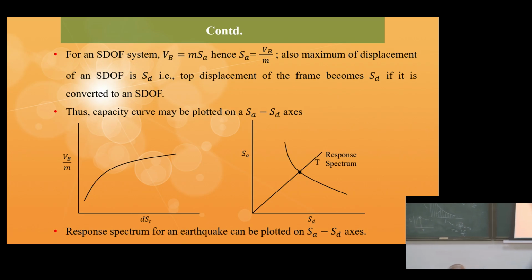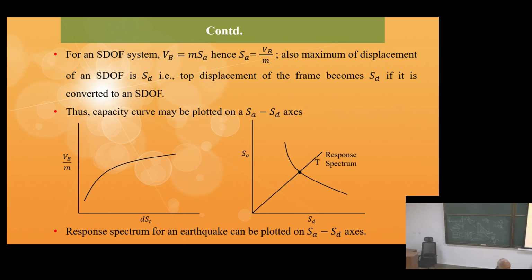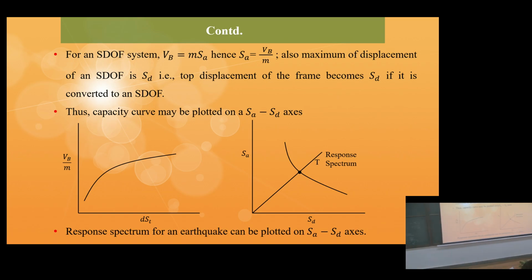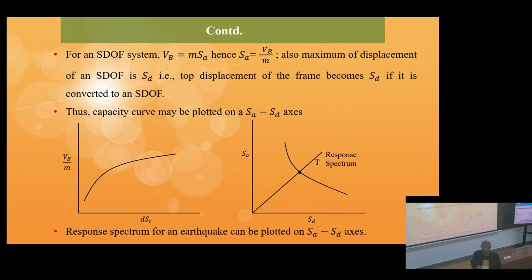So I have a capacity curve plotted on SA-SD, and the response spectrum is called the demand curve. Why demand? The earthquake is putting a demand on the structure, that this much force you have to withstand. So that is its demand. That's why it is called a demand curve.